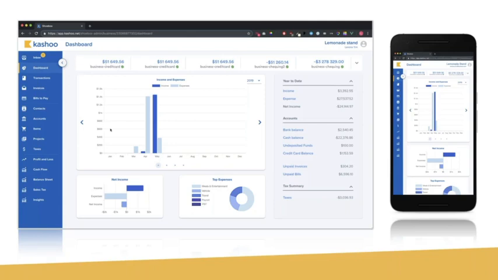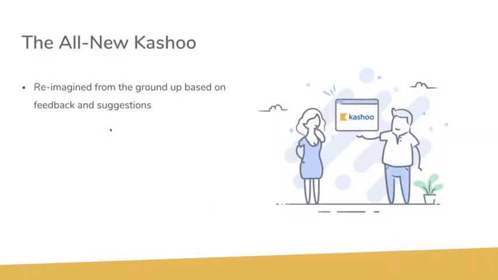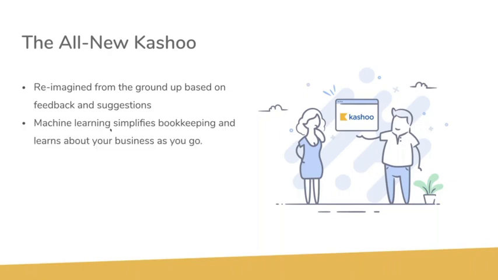Now, the biggest thing that's changed is that we really went back over the years of feedback and suggestions we had from existing Kashoo users and tried to incorporate a lot of those into Kashoo 2.0. And in addition to making changes to some of the features and workflow, we also built it on a foundation of machine learning to automate really most of the bookkeeping.